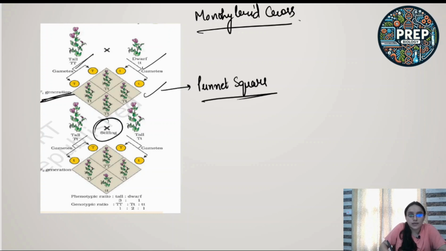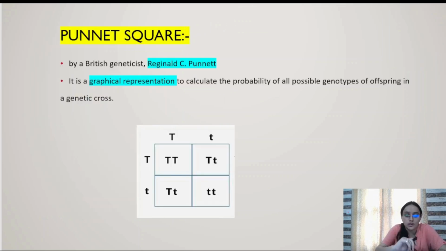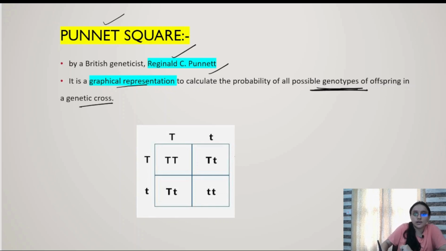Now selfing takes place, and we have the phenotypic and genotypic ratios, which are very, very important. The Punnett square is a graphical representation to calculate the probability of all possible genotypes of offspring in a genetic cross. It is a square-like thing given by Reginald C. Punnett, so that's why it is called the Punnett square.